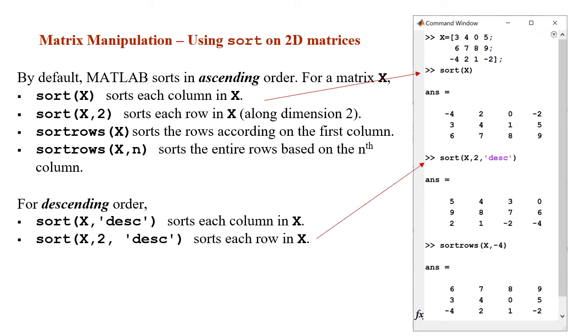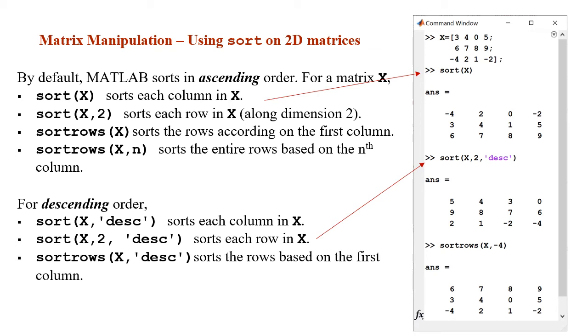If we want to sort each row in x in descending order, we need to say sort x, comma 2, comma descending. In English, this means sort along the second dimension in descending order. The function sortrows x, comma descending will sort each row in x based on the first column by default.